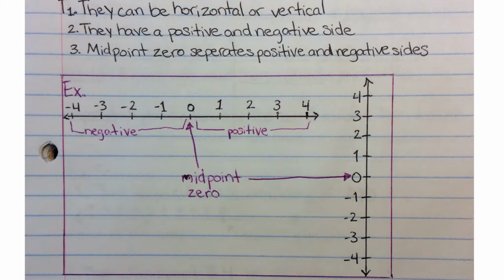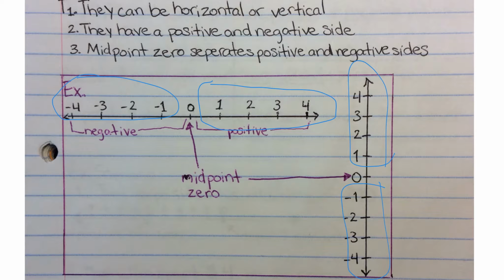On our horizontal number line, our positive side is to the right, and our negative side is to the left. On our vertical number line, the positive is on top, and the negative is below.